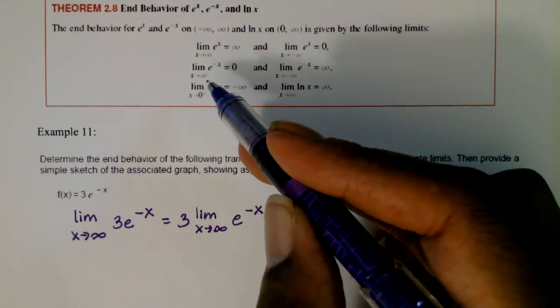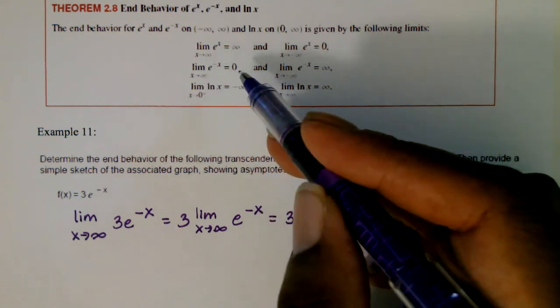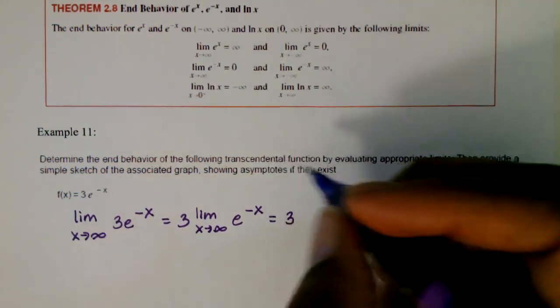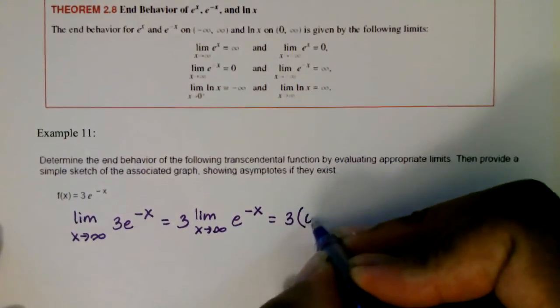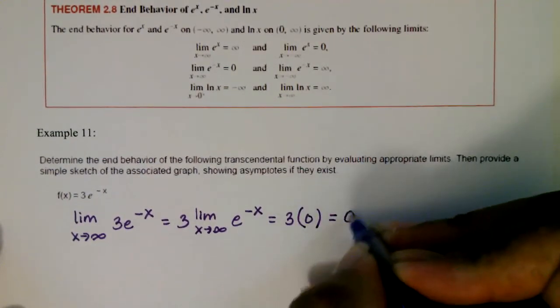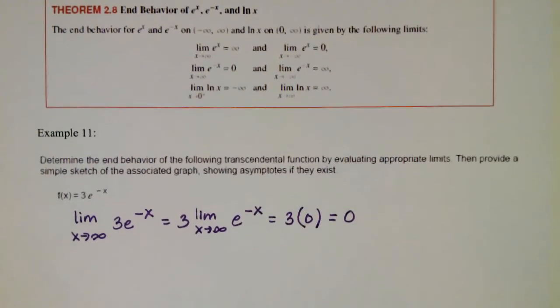As we let x approach infinity, e to the negative x goes to 0. So we're going to have 3 times 0, which is 0.